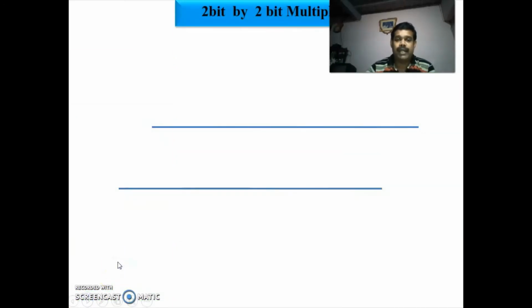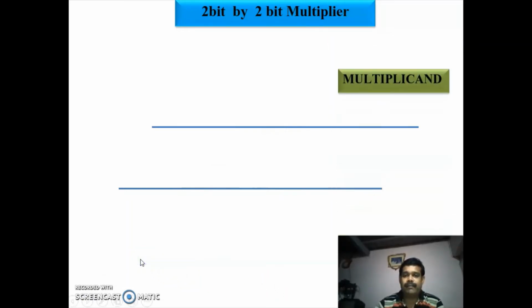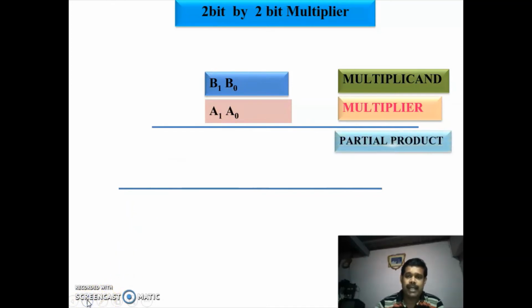Now we are taking B1 B0 as the multiplicand and A1 A0 as the multiplier. First we multiply A0 with B0 and B1.